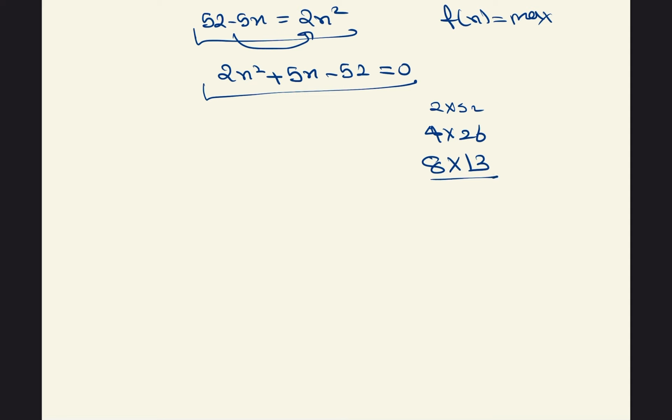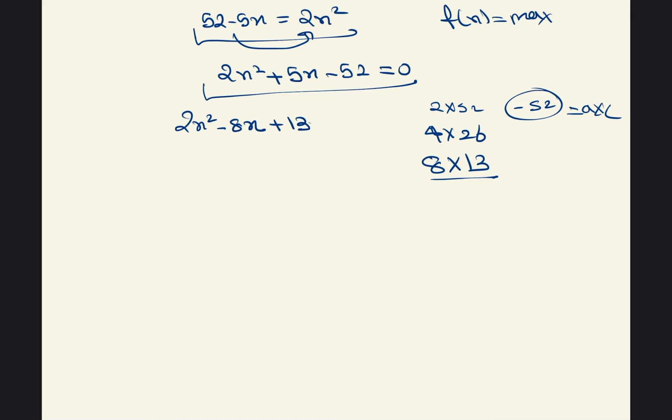So we have minus 52 as a into c. So this works. 2x square plus 8x minus 13x. Sorry, this won't work. I have to take positive 13x minus 8x because 13 minus 8 will be 5.